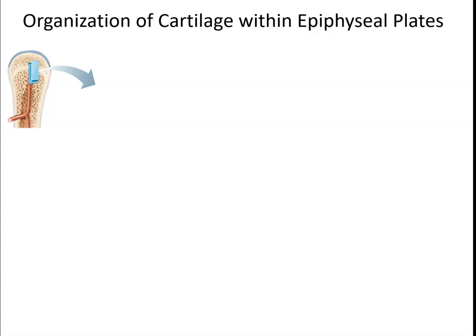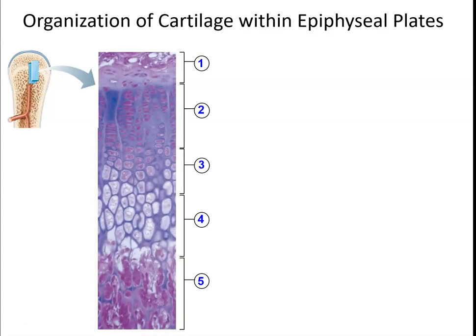Well, this is a tricky conceptual thing, and I want you to bear with me, and then you'll have to work through it. What I'm going to show you is this ugly looking picture. This is a picture, I believe, under the microscope, of the growth plate or epiphyseal plate.